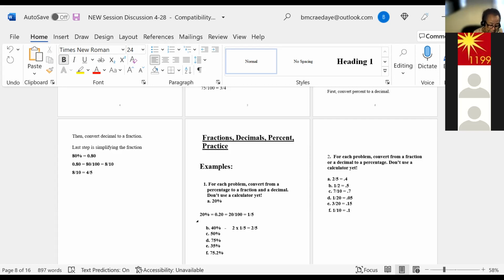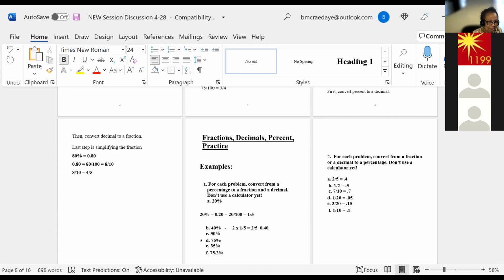And of course, as a decimal, it's just 0.40, right? Because 2 times 1/5 means you double it: 2 ones are 2, and then 5. You just multiply numerators, multiply denominators.